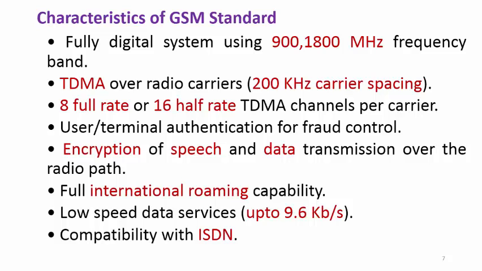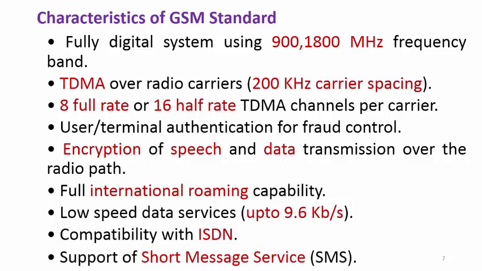Then low speed data service, which is up to 9.6 kbps. Then this GSM is compatible with the first generation ISDN, that is Integrated Services Digital Network. This you know very well, it supports short message service, that is SMS.